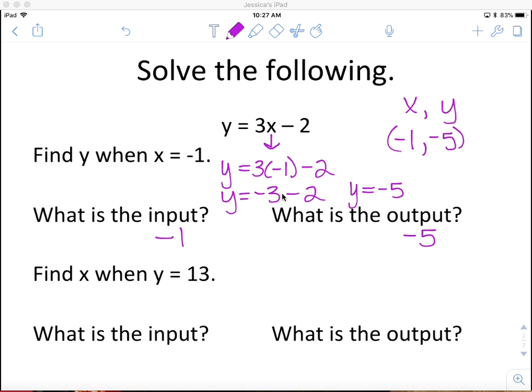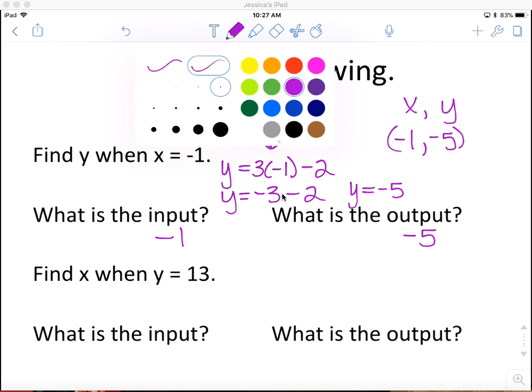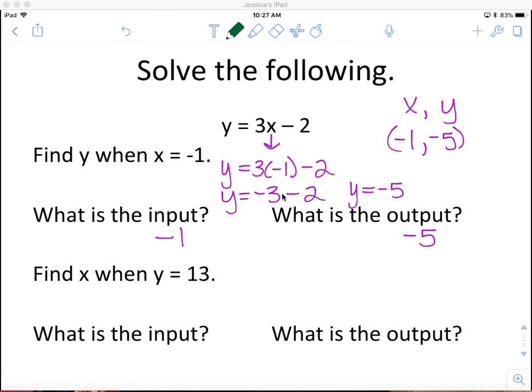Now, the second question is the opposite. Instead of saying find y, this question is asking you to find x. So in this case, it says find x when y equals 13. I'm going to rewrite our function here. And now, instead of plugging in for x, since I know what y is, I'm going to plug 13 in for y.